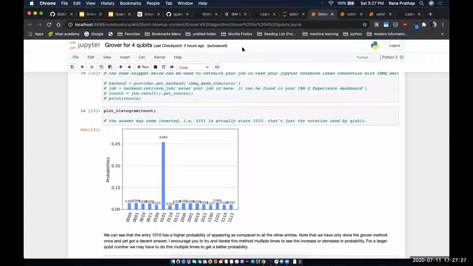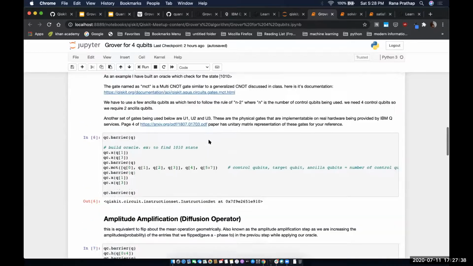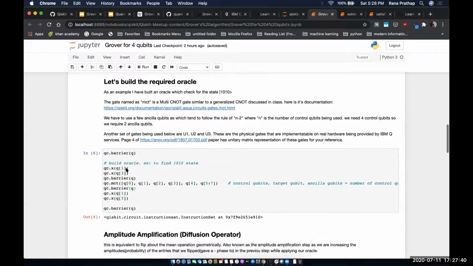Okay, it doesn't matter how I did it. So I guess your doubt is, here I put 1 first and then 3 next, and then I did a 1 here and 3. What this operation is doing is just putting an X at that specific qubit.